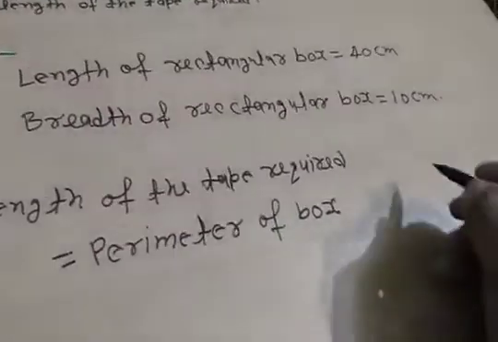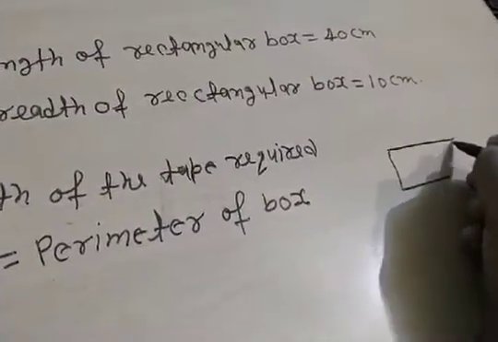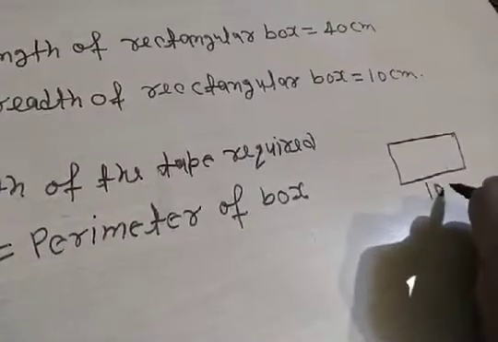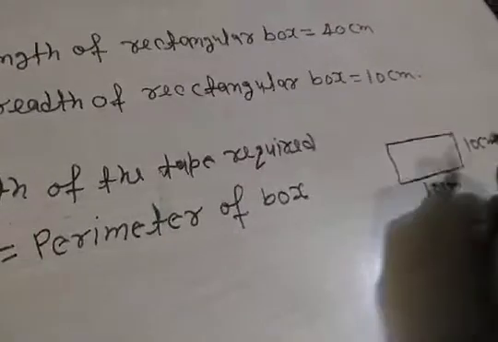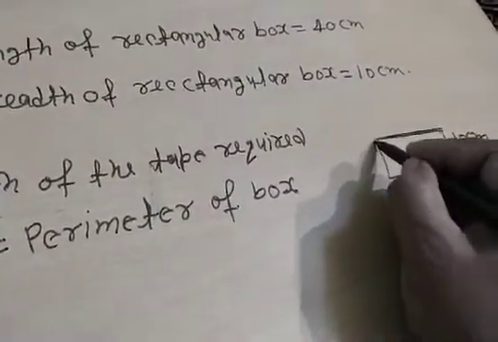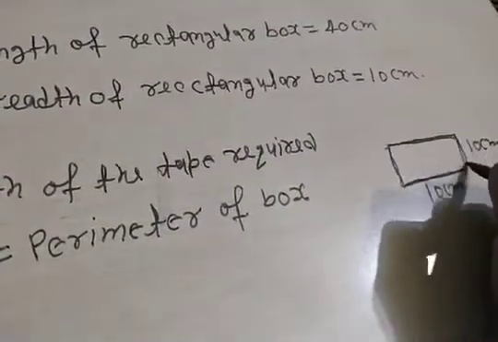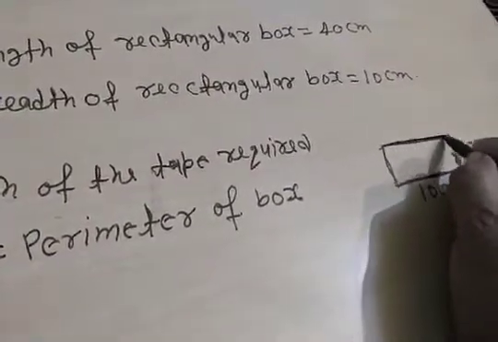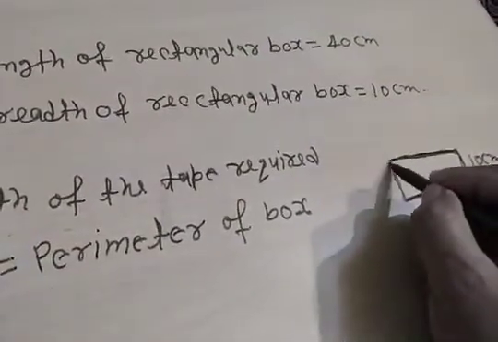So you can see here such a box. This is the length, 10 centimeters, this is the breadth. On its boundary we seal the tape. On this same boundary you have to stick, seal the tape. So the length of tape needed here is the perimeter of the rectangular box. Clear?